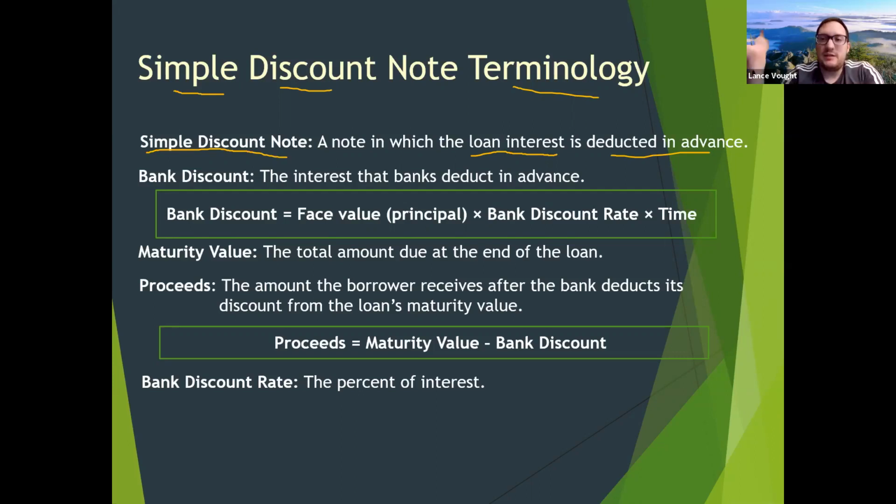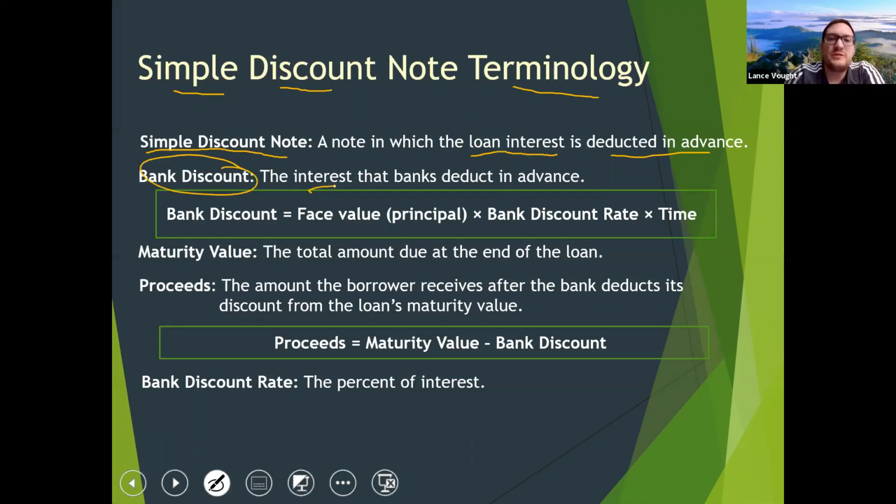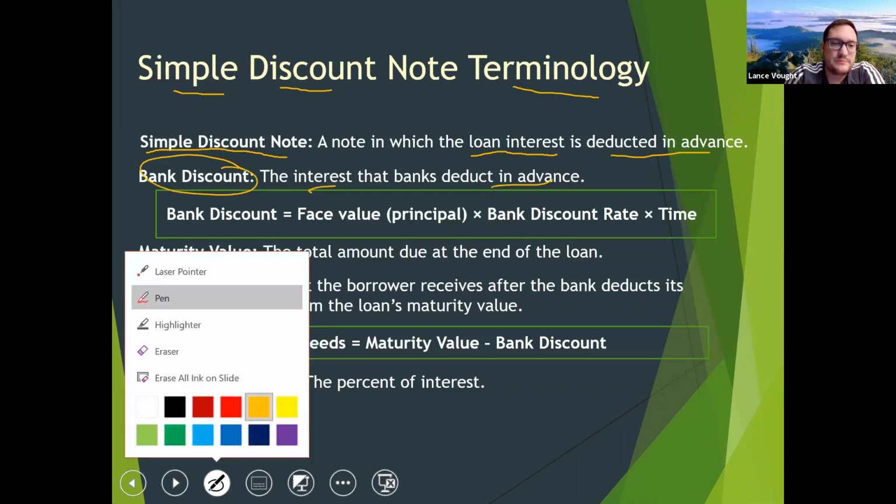You're saying you're borrowing $15,000, which you technically are, but instead of paying $15,000 plus some interest over time, $15,000 is how much you're actually paying them back. They take a discount, and the bank discount is the interest that they deduct in advance.